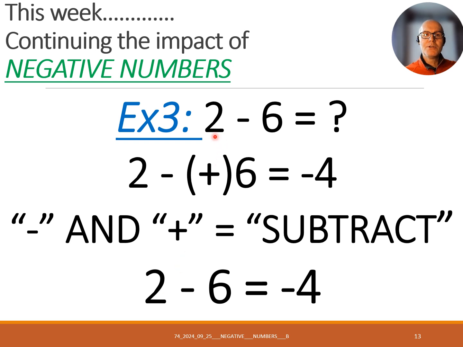This example, 2 minus 6. Again, if we put the positive sign back in front of the 6 to see what we do with the minus, does it stay a minus or does it change to a positive? You can see for this one, when we have subtract a positive, it stays as a subtract. So 2 minus 6 stays as 2 minus 6, which equals negative 4.